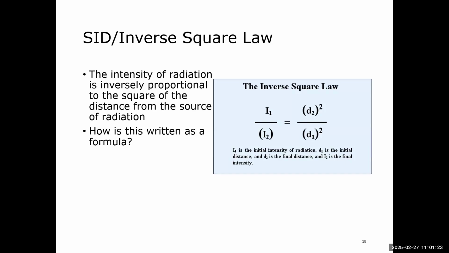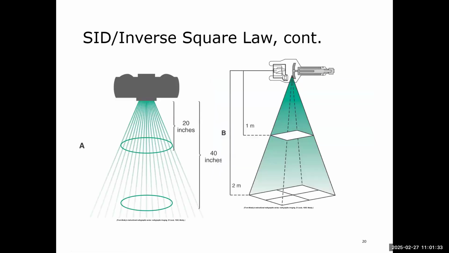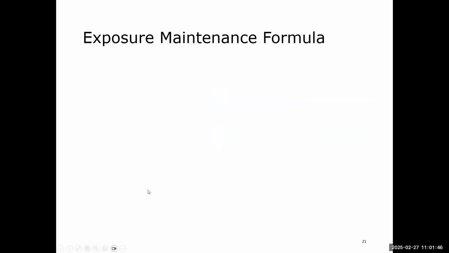It goes down, and vice versa. So it doesn't matter how you write it, as long as you keep intensity and distance in an inverse relationship. And these are just, again, some pictures to help you see how the intensity changes because of the divergence of the beam with the change in distance.